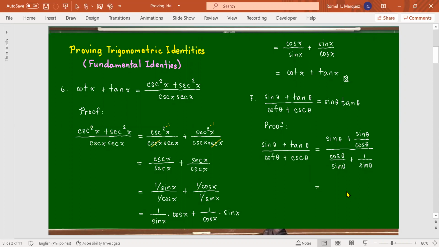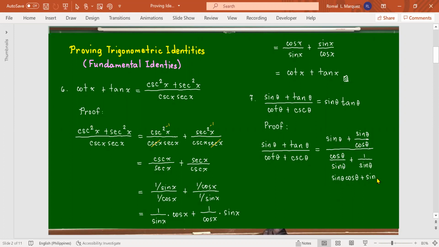Now to simplify this, we need to combine these two terms in the numerator as a single term, meaning as one fraction. So let's do that. The LCD for this is cosine theta. So cosine theta times sine theta is equal to sine theta cosine theta, then plus cosine theta divided by cosine theta is 1 times sine theta.